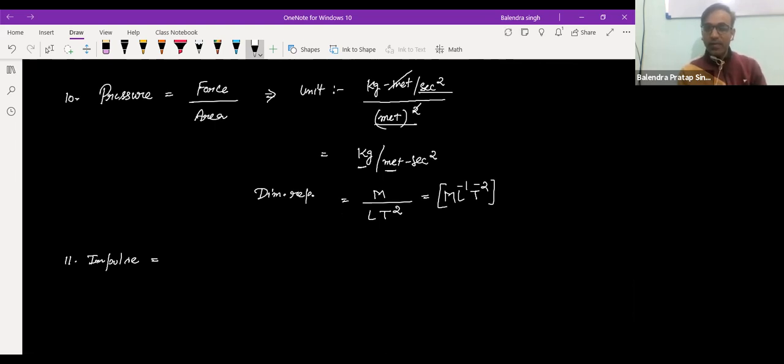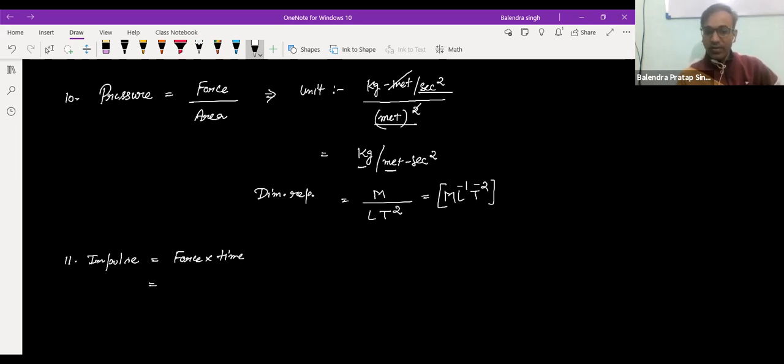Impulse is when a force acts for a very short duration, such as a car hits a truck, or two billiard balls hit each other. They apply a force for a very short interval. So the formula for impulse is force into time. Here we are interested only in finding the unit and dimension of impulse.